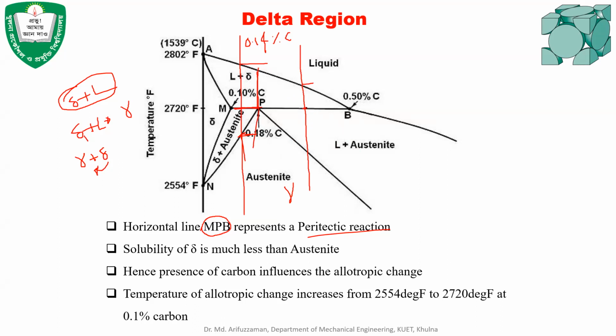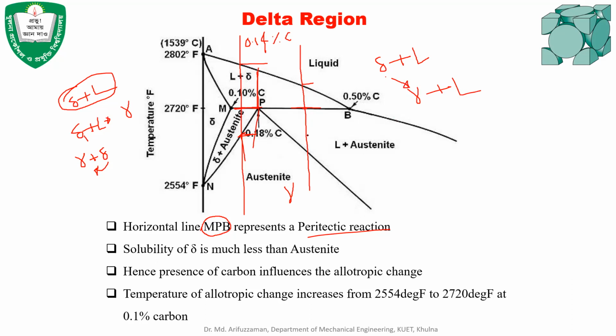That means before this peritectic temperature line, there will be delta plus liquid, and after the peritectic reaction, there will be no delta, but there will be gamma plus liquid. That means the delta and a portion of liquid will react to form gamma, and some portion of the liquid will remain.